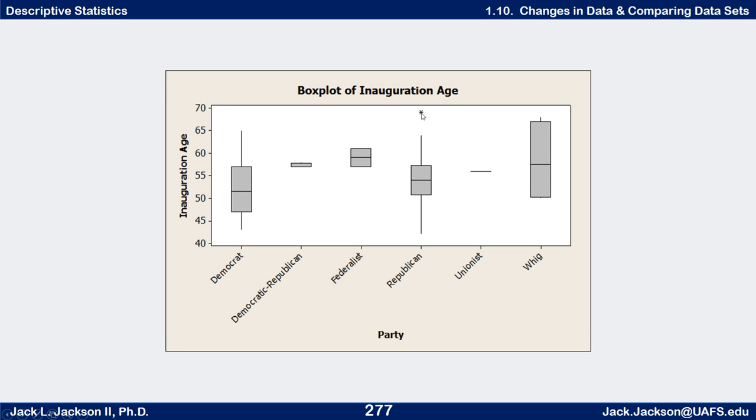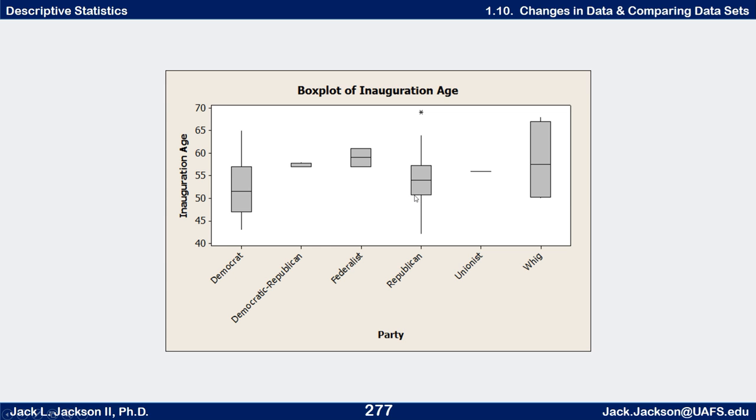Well, we see Ronald Reagan up here is an outlier on the Republicans. But that's the only outlier that Minitab identified for me when I ran this through there. And you can see that the Republicans, not only do they have the outlier here, but the median's a little higher. Q3 in particular is a bit higher.